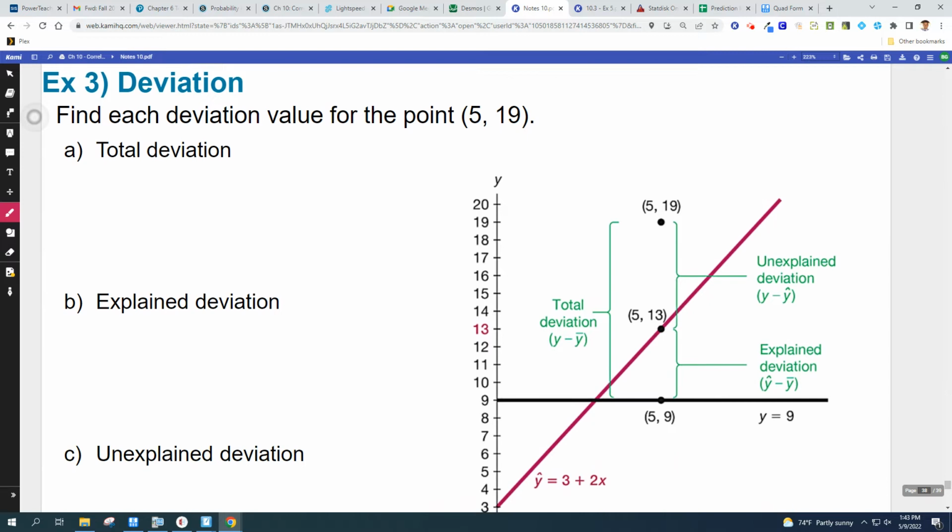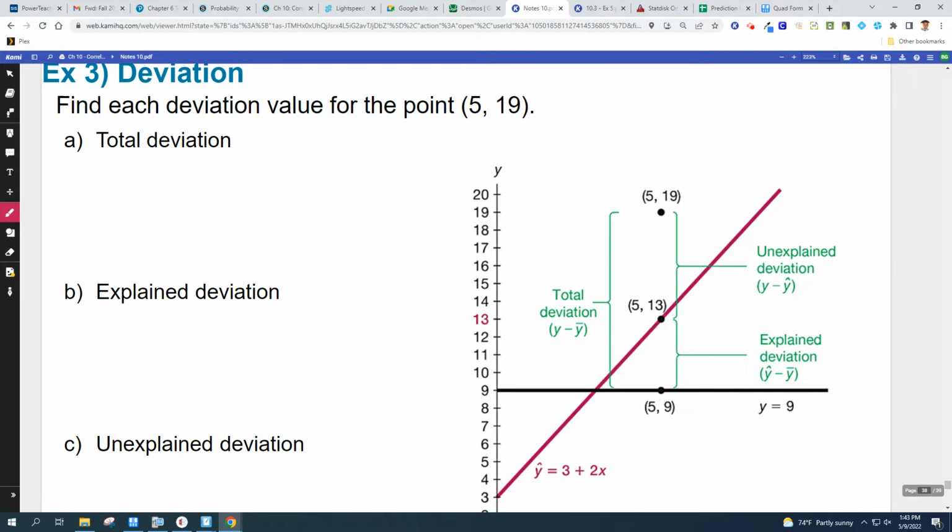Number 3. That picture over there looks an awful lot like the one we just drew a second ago. It's the same thing. It's trying to show you total deviation, explained deviation, and unexplained deviation. This says find each deviation for that point. The total deviation, remember, is y minus y bar.